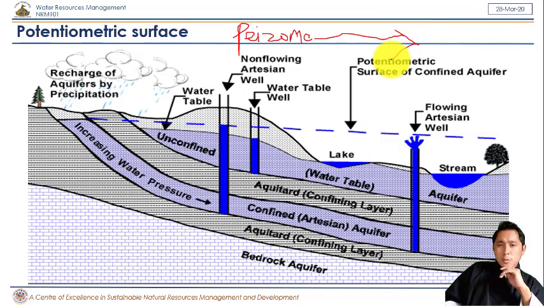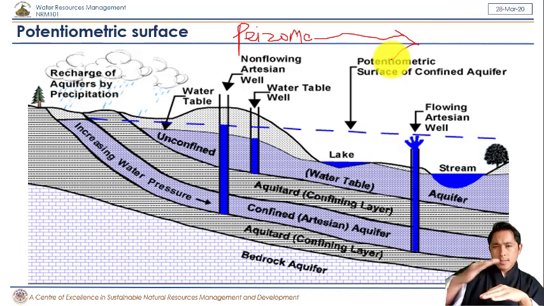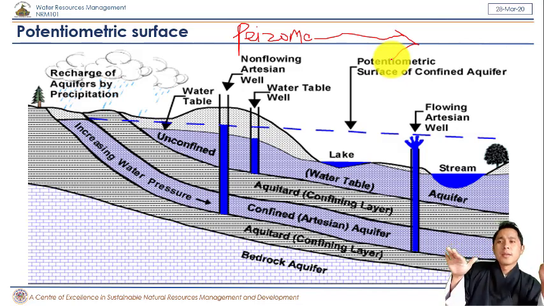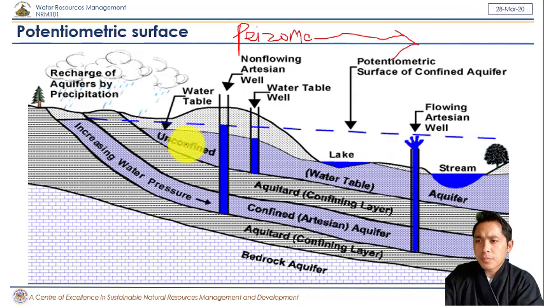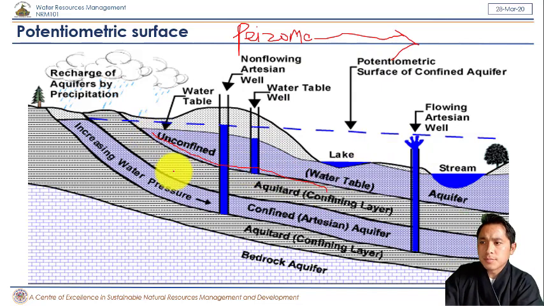Here specifically, this is an imaginary line drawn on the aquifer. We know that confined aquifers are quite pressurized, because on top of the confined aquifer we have rock beds.